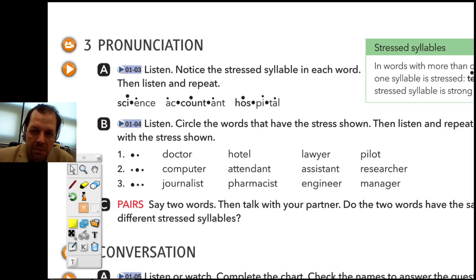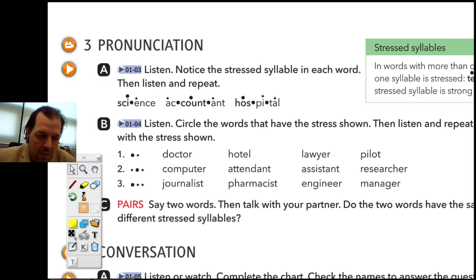Stressed syllables. Words are made up of syllables. A word can have 1, 2, 3, or more syllables. Each syllable has one vowel sound. School, office, hospital, pronunciation. The word school has one vowel sound. Oo. So it has one syllable. School.